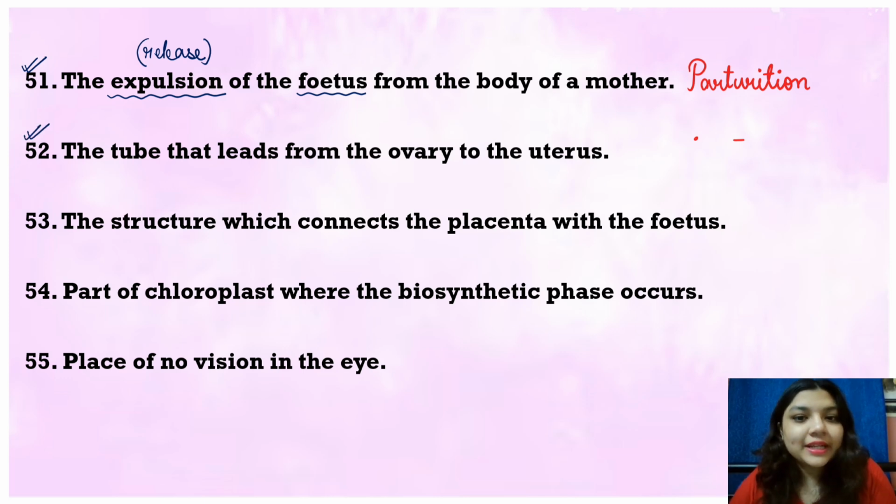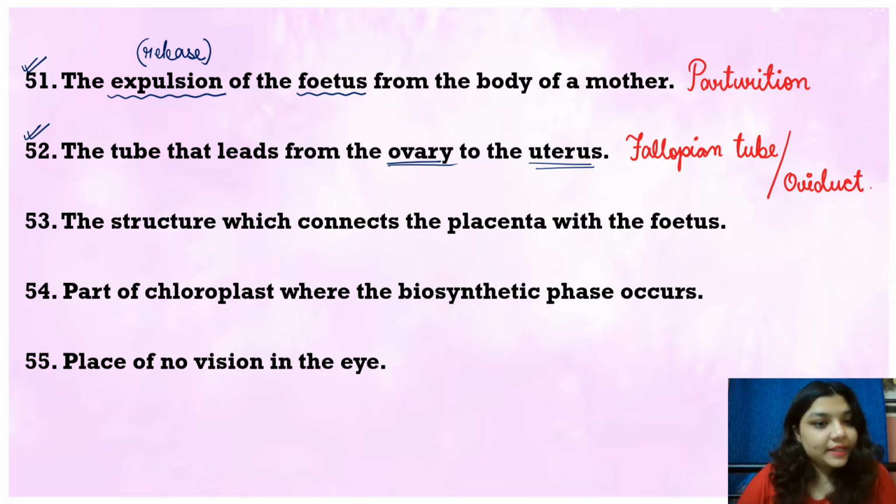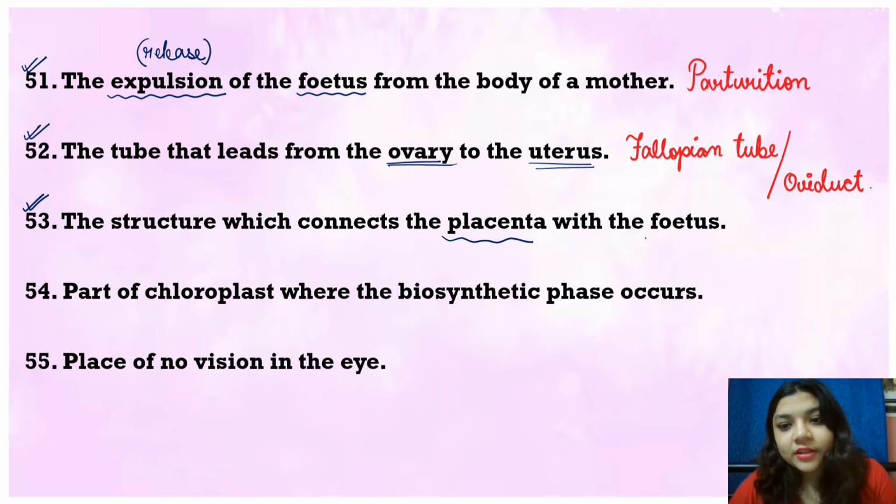Next, the tube that leads from the ovary to the uterus, it is the fallopian tube. Right? The fallopian tube is also known as the oviduct. Okay. Then, the structure which connects the placenta with the fetus. This is known as the umbilical cord.